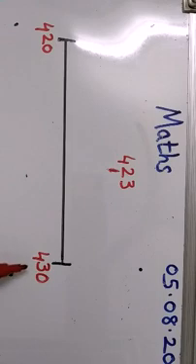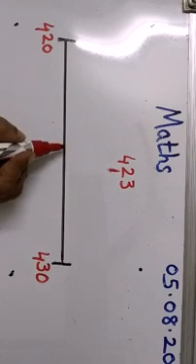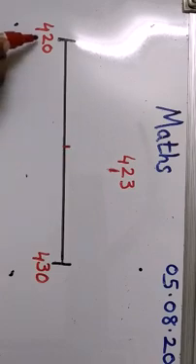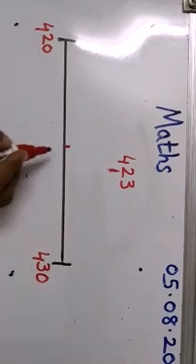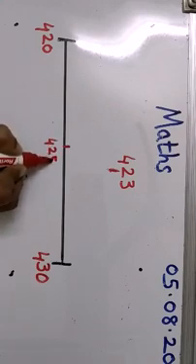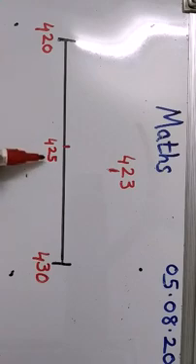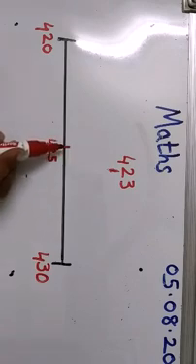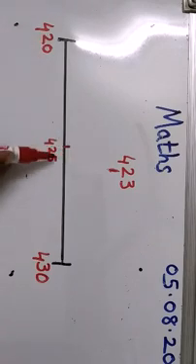Now, what number would be in the middle? 420, 430. So what will be in the middle, children? 425. Remember last time I told you, this is your middle number which is equidistant from both sides.